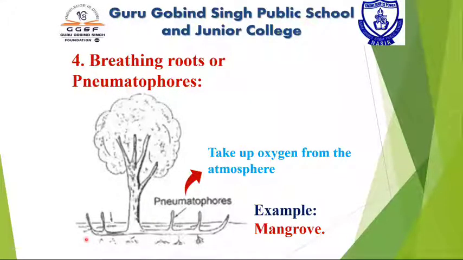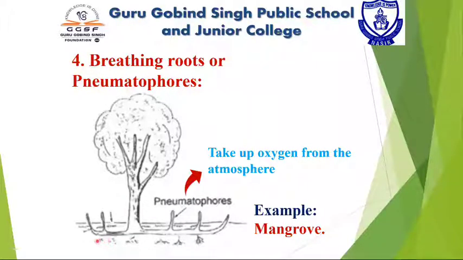These roots have numerous pores. Pores means small holes through which oxygen enters into the underground tissues. In some plants, breathing roots also provide mechanical support to the tree. Students, mangrove is a shrub or small tree that grows in coastal saline.